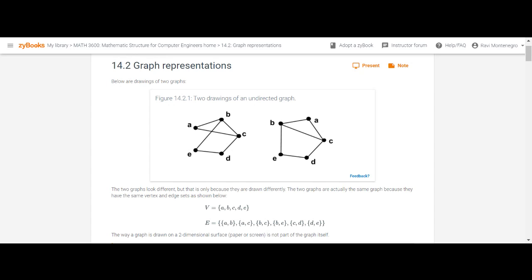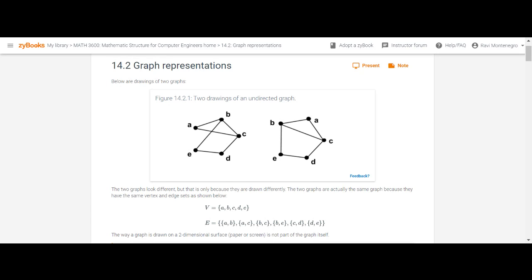On the right-hand side, A, B, and C are all connected to each other. On the left-hand side, B, C, D, E form a cycle. On the right-hand side, B, C, D, E form a cycle. So what this is trying to show us is that you might draw two figures that look different, but they're actually the same.